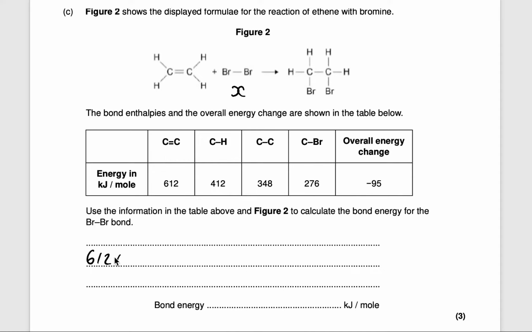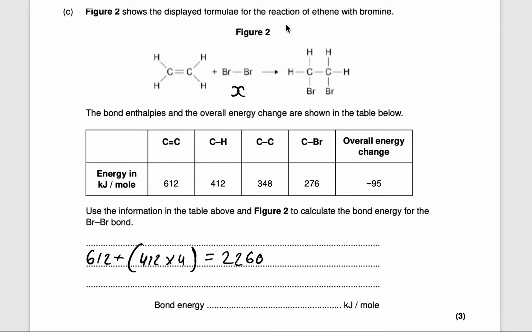So it's going to be plus, where C and H is over here, 412 times 4. Okay, we don't know what bromine is, so if we just work this one out, you can just type that into the calculator. So 612 plus 412 multiplied by 4, that's going to give you 2260, and that doesn't include the Br-Br single bond.